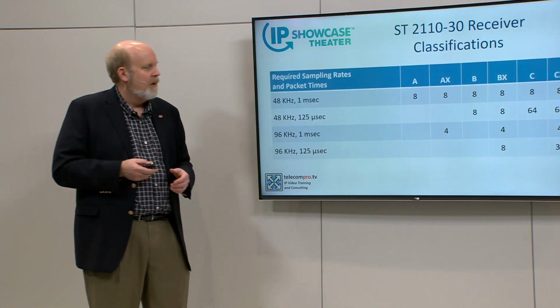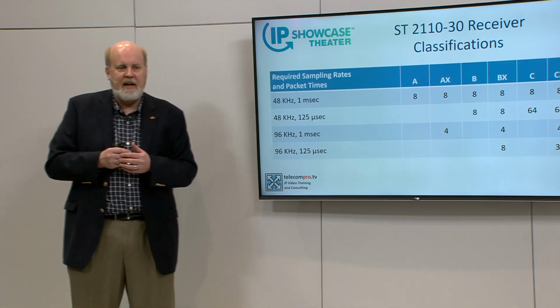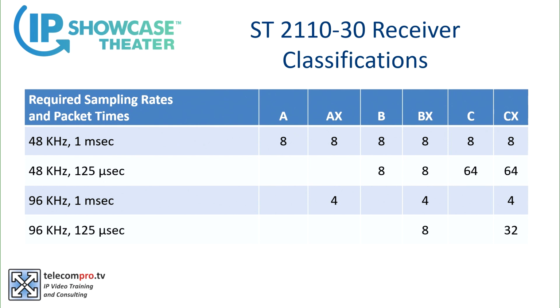So here are the different receiver classifications. These are listed in SMPTE 2110-30. A Type A receiver must be able to receive a stream that has 8 channels of audio in it in a 1 millisecond packet, each one of those channels running at 48 kilohertz. So that'll all fit nicely into the 1440.